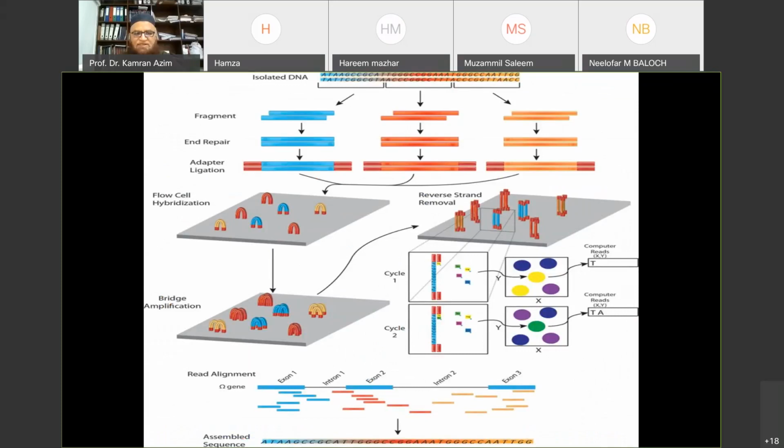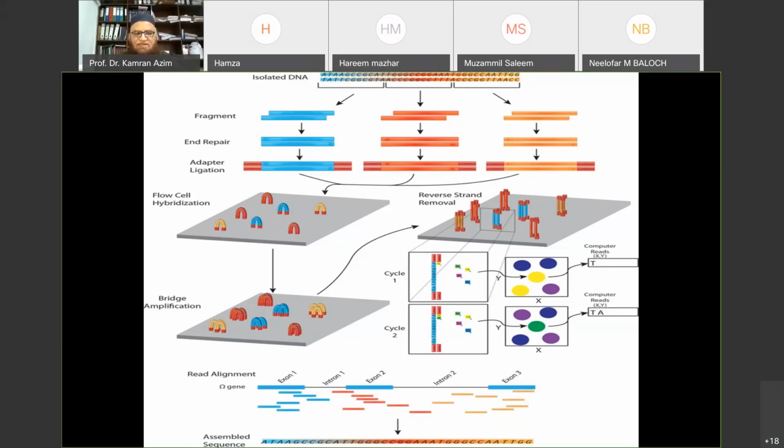There are several approaches for next generation DNA sequencing, but one approach which is widely used these days is called Illumina sequencing technology, the sequencing method adopted by the company Illumina Incorporated and commercialized in different sequencing machines by Illumina Incorporated, which is in the United States.